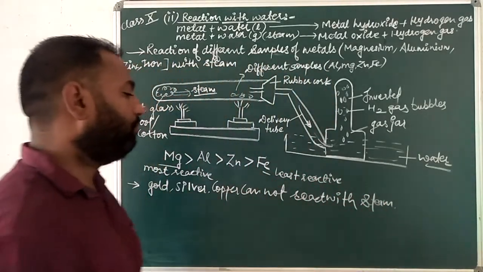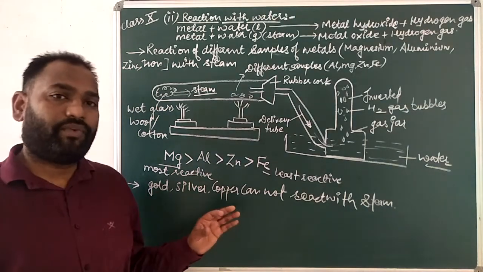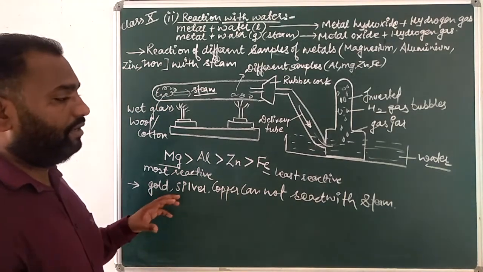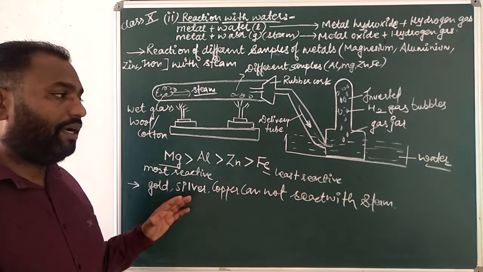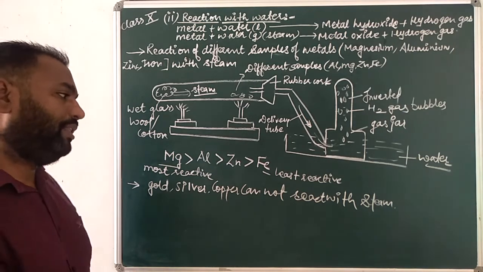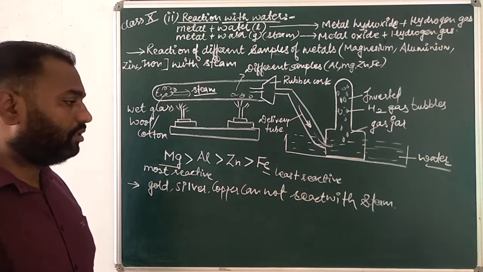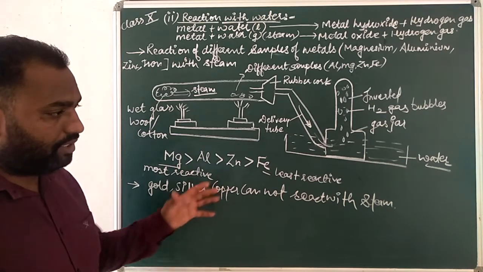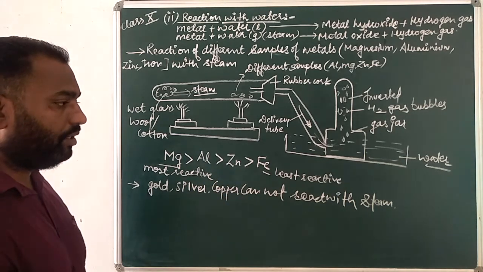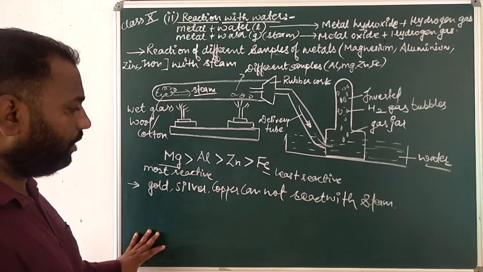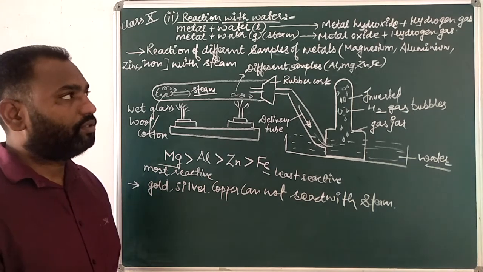For those we will take dilute acids, and we will see whether they are able to react with dilute acids or not, which we did not see with the steam. I hope you are understanding. Okay, so thank you.